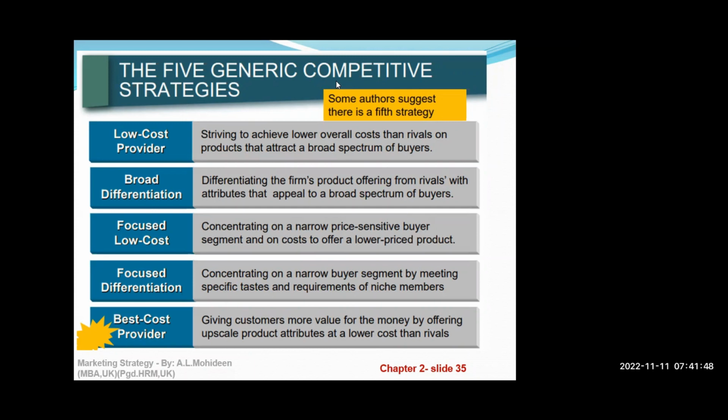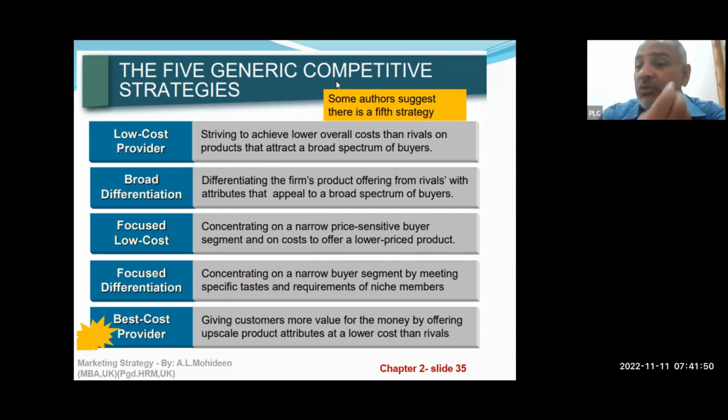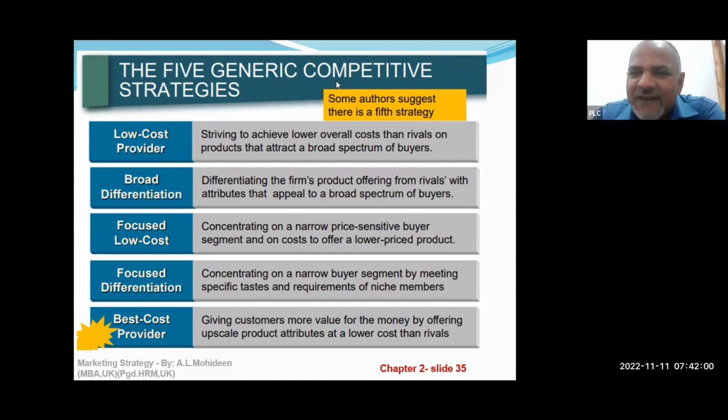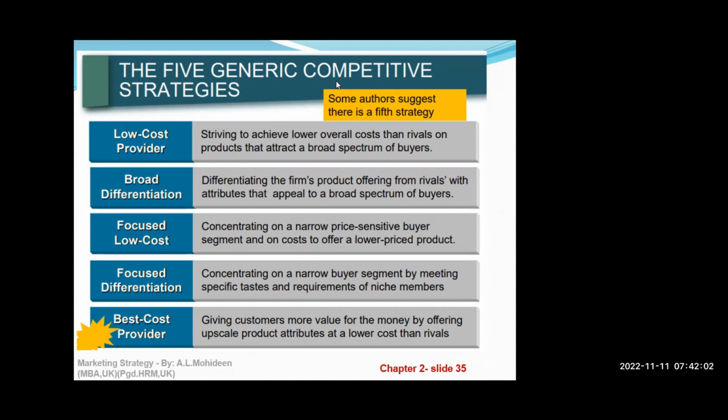Totally different. You don't think about the cost very much. You want the resources to be unique. Do you see the difference now? We are the only one who is offering it.